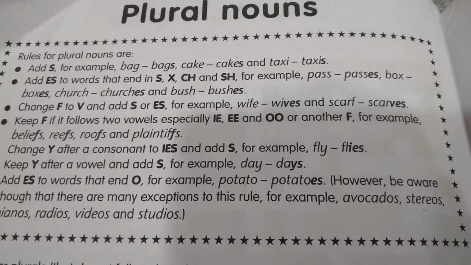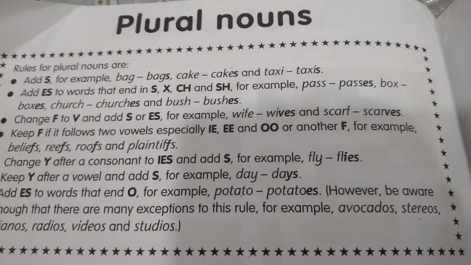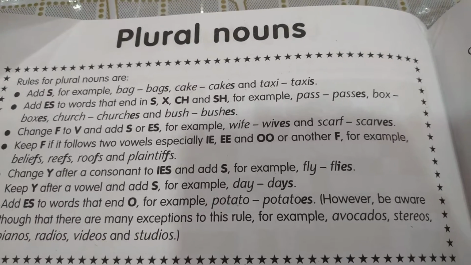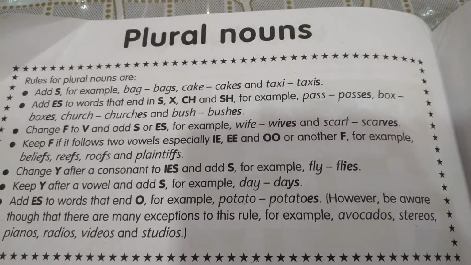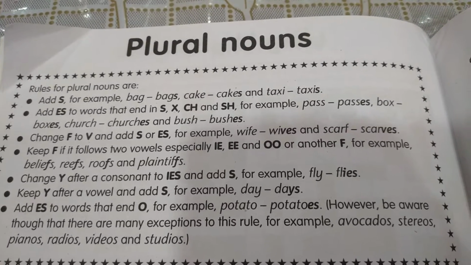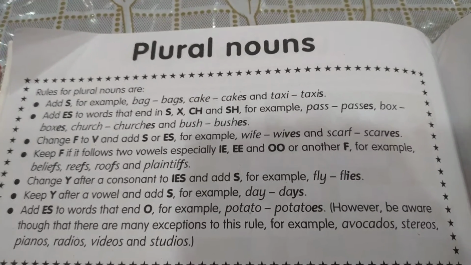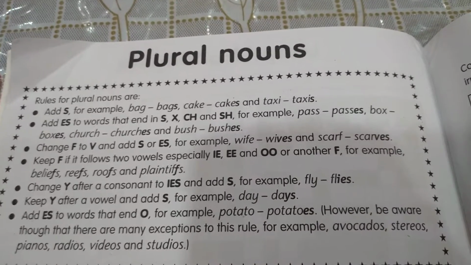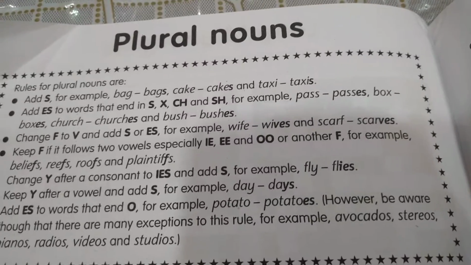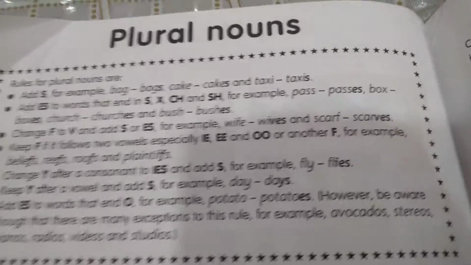Next rule: if a word ends with y, then for changing it into plural, the y will change into ies. For example, fly ends with y, and when we change it into plural, the y will change into i, and then we add es also for making it plural.